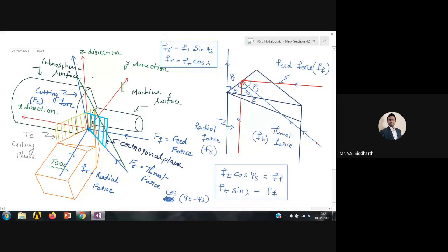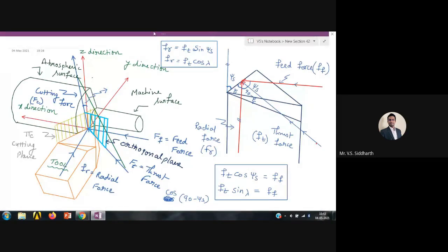Now can you tell me what will be this angle? If the cutting force is inclined with Z, not coinciding with the Z direction, at some angle with the Z direction, then what is this angle? Can anyone tell me?